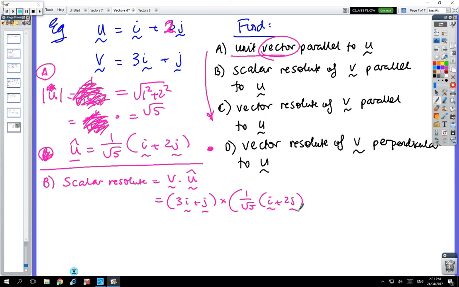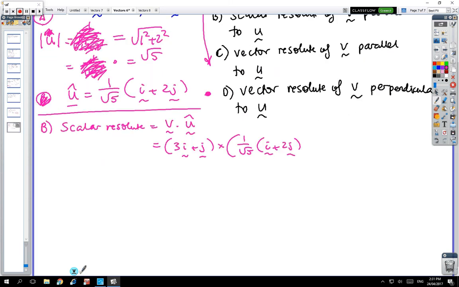Then just expand the brackets. Take that number out the front, and because we have those i's and j's, it ends up being 3 times 1 plus 1 times 2. So it's going to be 5 over root 5, and that actually equals just root 5.